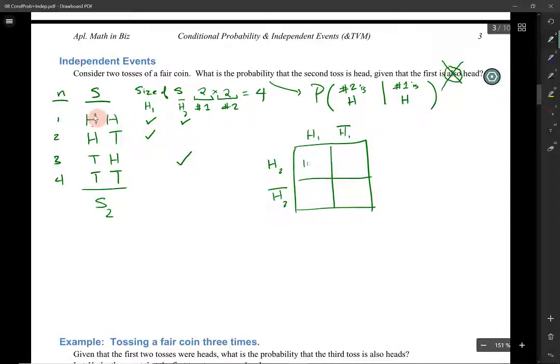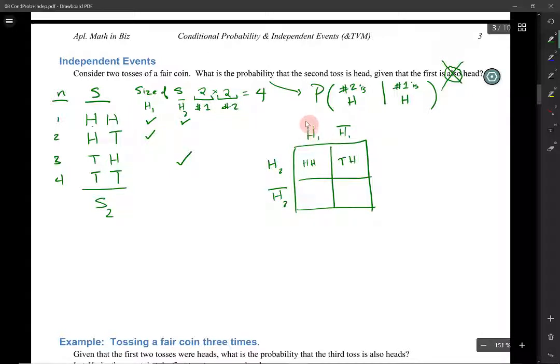That would be H, H, this case 1. Continuing, the other H2 would be this one, tails, heads, where the first one is not ahead and the second one is ahead. So there it is.